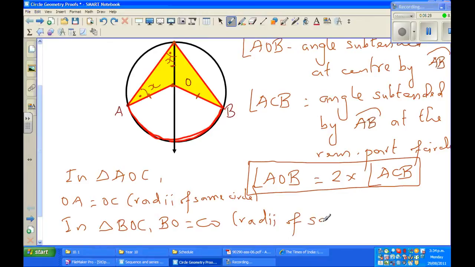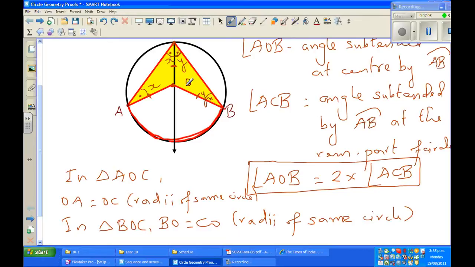If two sides of a triangle are equal, what are the base angles of this triangle? If this angle is y, the value of this angle would also be y.